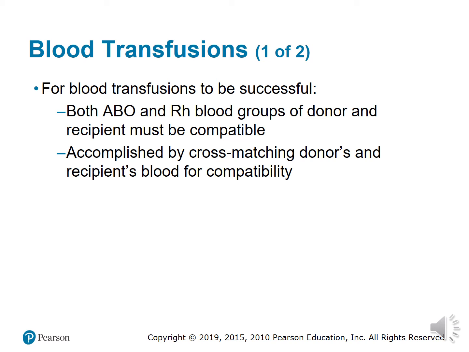because sometimes things happen. Even if the blood is a direct match, if you're a type A or AB person and you get AB blood, it may not be compatible with your body. All right. Again, everything in your body is a defense mechanism.